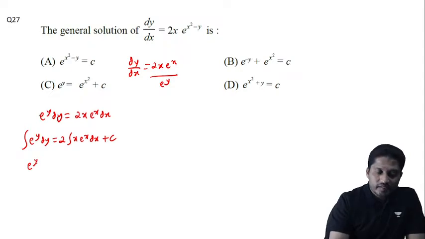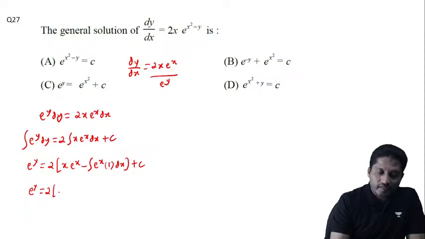Integration of e power y is e power y, 2 times, let us use by parts. First function is x, integration of e power x is e power x, minus e power x, differentiation of x is 1 and then dx. E power y is equal to 2 into a bracket, you get x into e power x, integration of e power x is e power x and plus c.